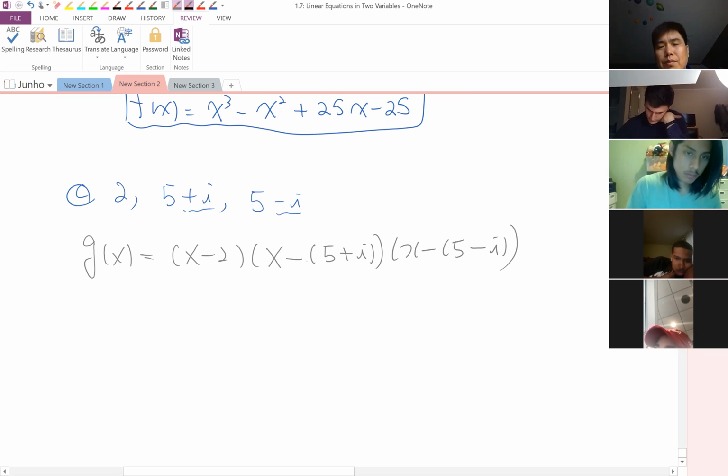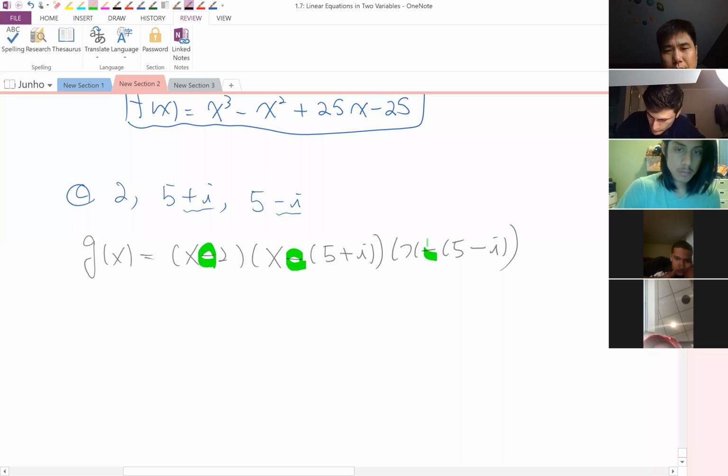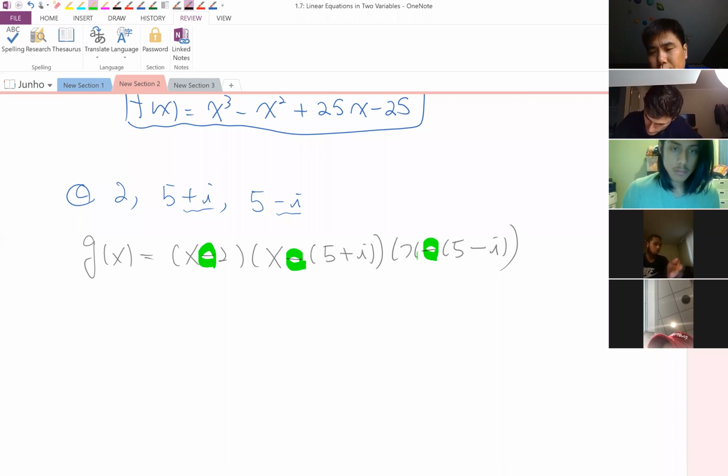Do you understand why I put the minus sign here? Because you subtracted it from the x. I mean it has x minus 1, so you put plus 1, then x equals 1, like that.